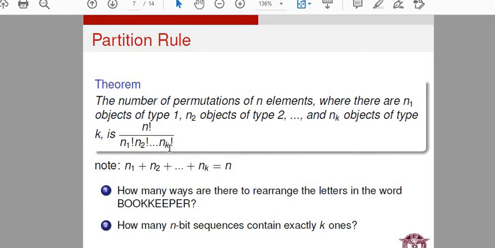And here we have to note that n1 plus n2 plus ... plus nk is equal to n. So it's a simple theorem.